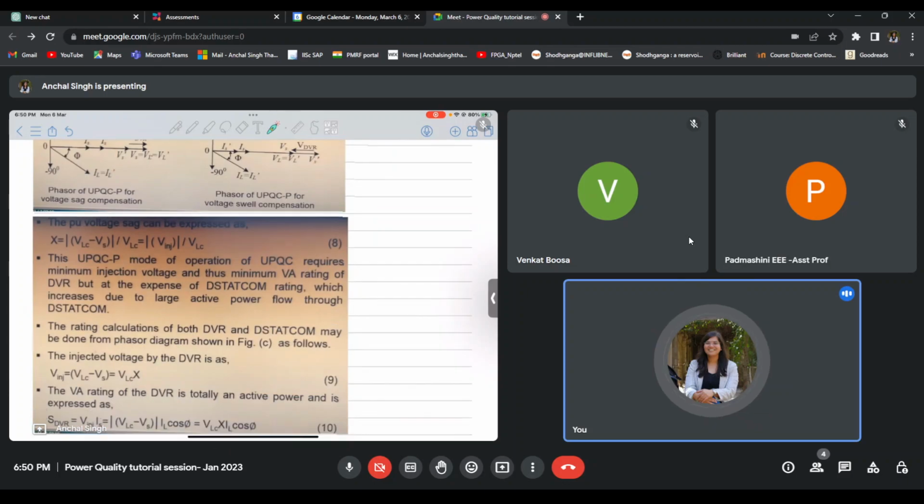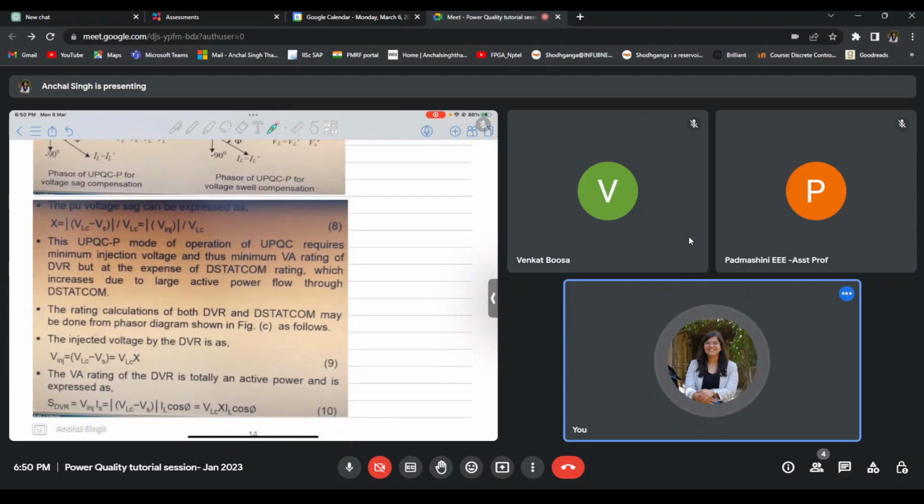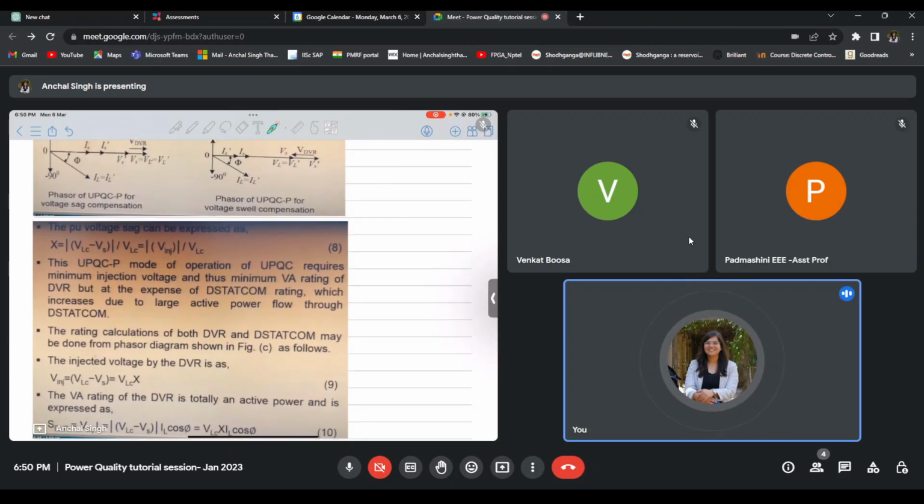When you look at the equations of this kind of UPQC-P, we could directly subtract or add these values. We don't have to take care of any kind of phasors or the square root. That, in the most complicated or generic case, will come for UPQC-S, because there the DVR can be present at any angle, so we will have to take care of the angle there. Here we know that it is either in phase or in opposite phase.